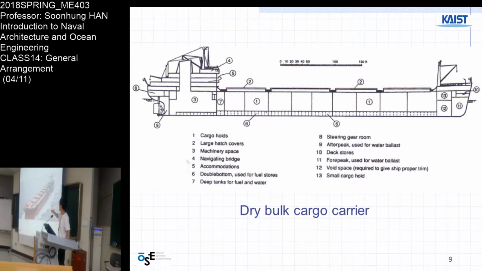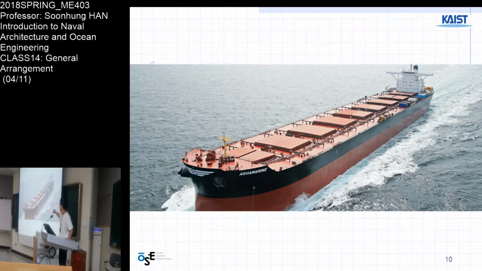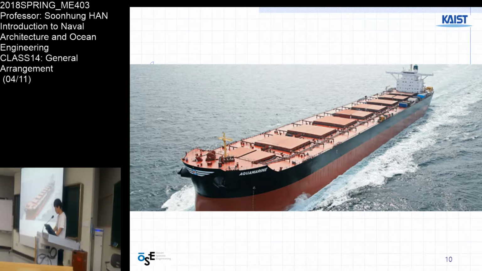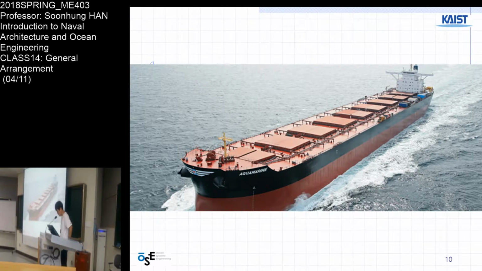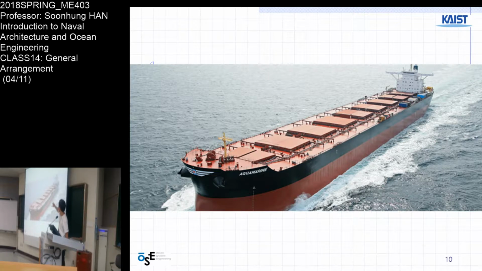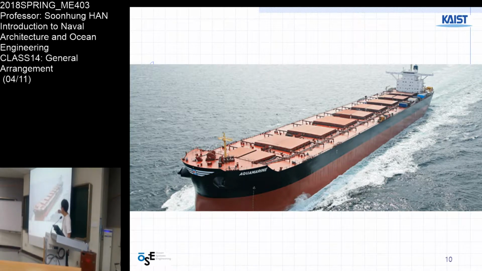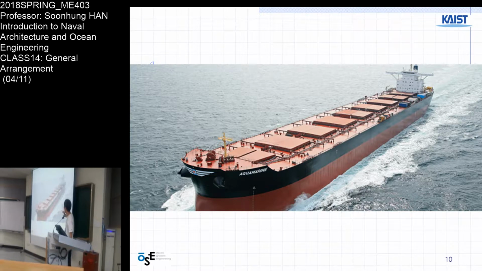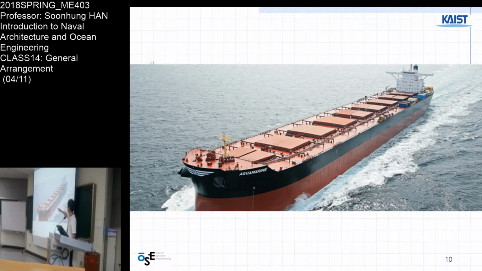So can you see? This is a picture of this drawing. This is a real picture. And this is, as you heard from the last slide, a dry cargo carrier. You can see some hatch covers on the deck, and we just pull them left or right, and we can unhatch them, and we lift containers.